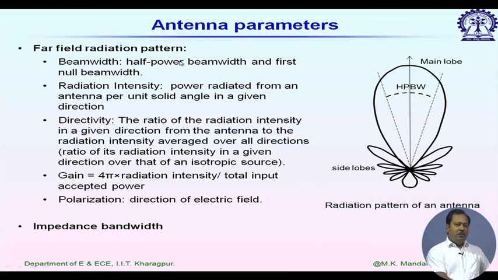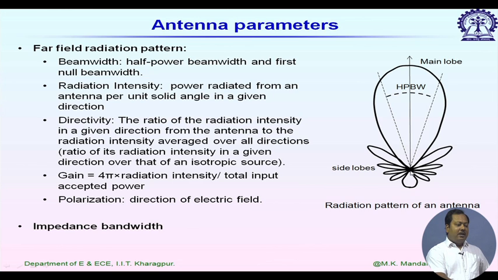We measure the electric field, or power, which is the square of the electric field, and its variation with respect to angle. If we plot it in r theta phi coordinates, the corresponding plot is called the radiation pattern. Here you can see a picture showing the radiation pattern of an antenna.